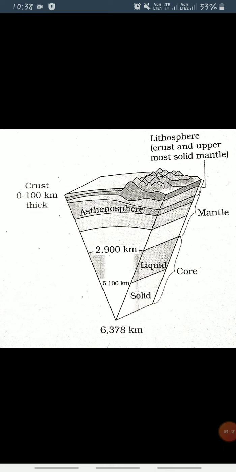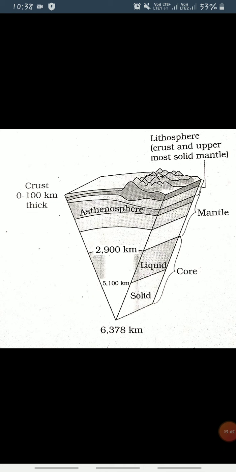It has a density higher than the crust, about 3.4 gram per centimeter cube. The crust and the uppermost part of the mantle are called lithosphere. Its thickness ranges from 10 to 200 kilometers. The lower mantle extends beyond the asthenosphere, and it is in solid state.